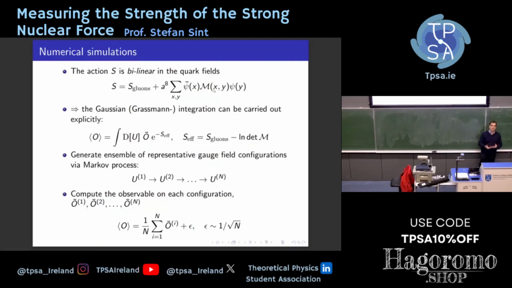Okay, the Gaussian integral is the integral dx of e to the minus lambda x squared, where lambda is some positive constant, and you know that this is the square root of pi over lambda.